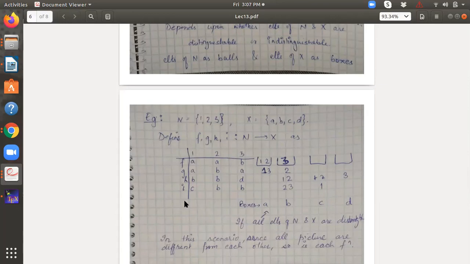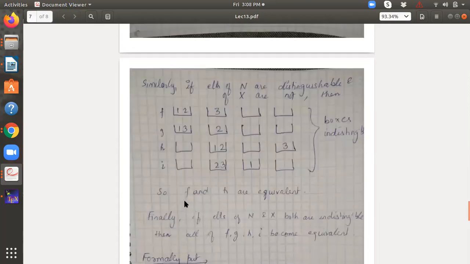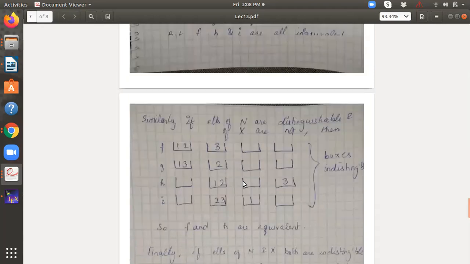All four functions become equivalent. That is what we have written here. So if elements of n and x both are indistinguishable, then all of f, g, h, and I become equivalent. So this is in this particular case.